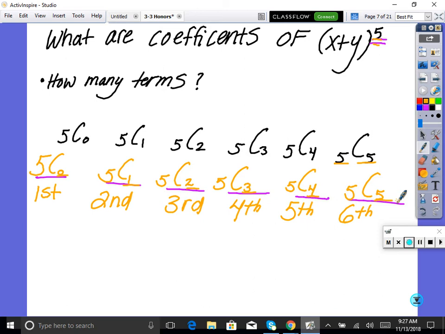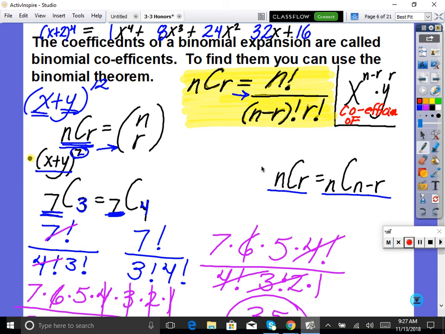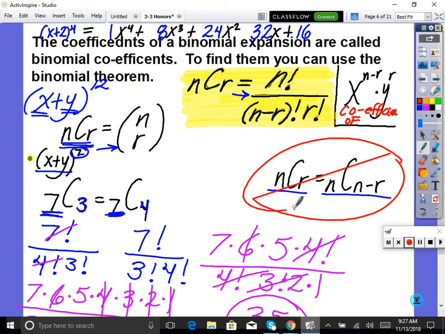Now, we just talked about if we calculate this 5 choose 0, what will it be the same as? 5 choose 5, right? NCR will equal NCN minus R, right, everybody? Did you write that down somewhere?